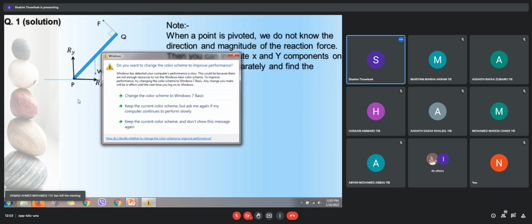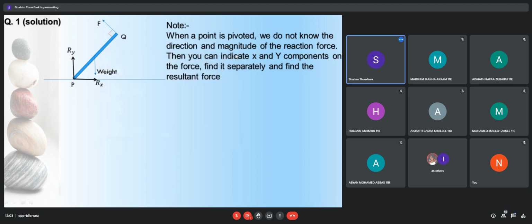Now, when you are taking moments, the next question is which point I am going to choose. You can choose point P, center of gravity, or point Q. Which point? Just think now. I have to find F, so which point am I going to choose?